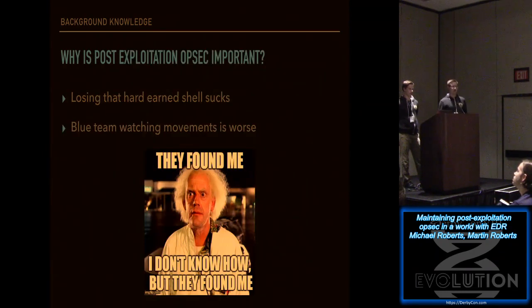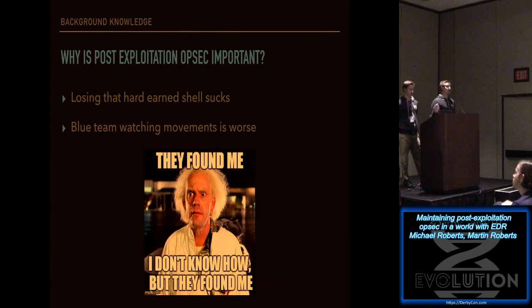So why is post-exploitation important? Why are you here? Why should this matter? You spend weeks trying to get a shell with your phishing. You might use Cobalt Strike or other products to set up your infrastructure, but you spend a lot of time. So when you get a shell, you're really happy. You want to keep that hard-earned shell.